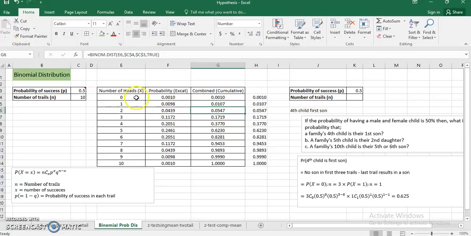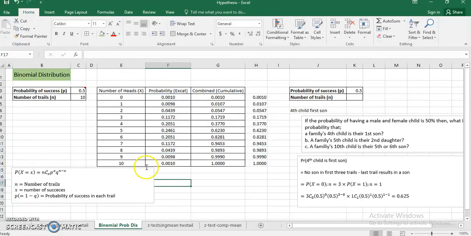This is giving me the probability of 0 heads plus 1 head plus 2 heads. And similarly, this particular function is equal to this. If I click on this and highlight the formula, it shows me it is actually giving me the sum, the probability of 0 heads plus 1 head plus 2 heads plus 3 heads plus 4 heads plus 5 heads.